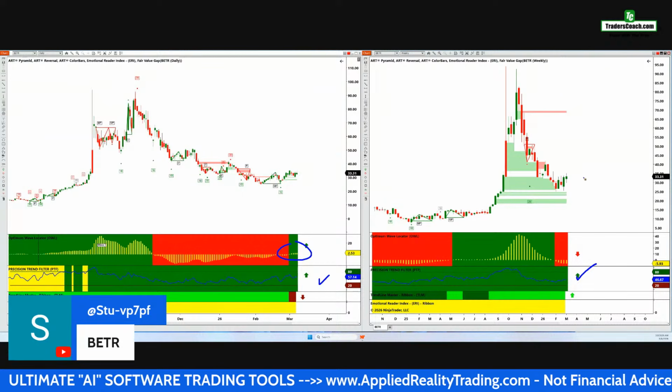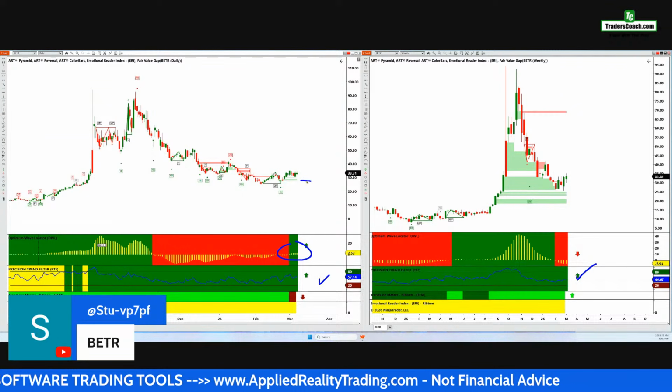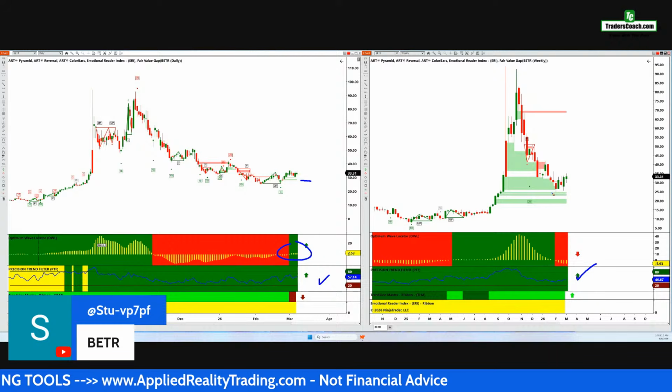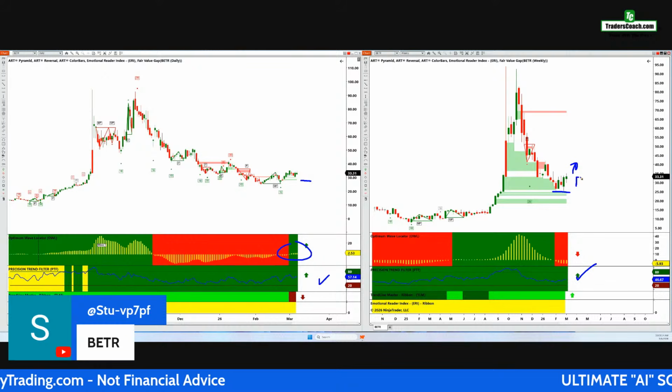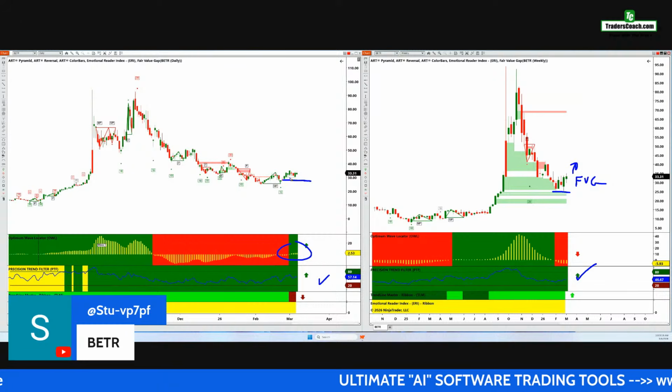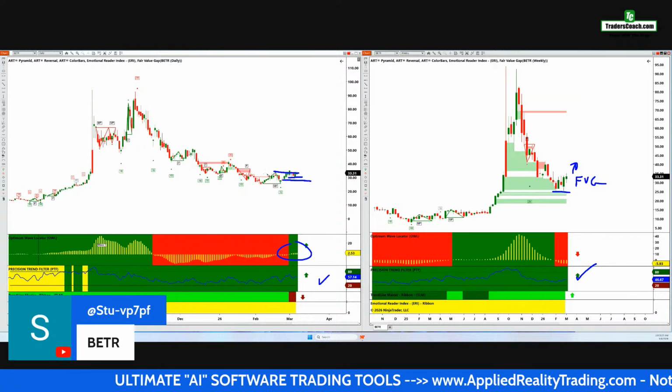My only thing is we do have a few fair value gaps. So when I see a bottom like this holding and we get a break from the bottom, I'd like to see a fair value gap form. We do have them here, which I like, and this one's respected. And we did get a pyramid here.